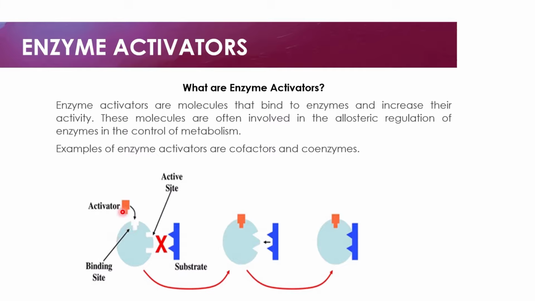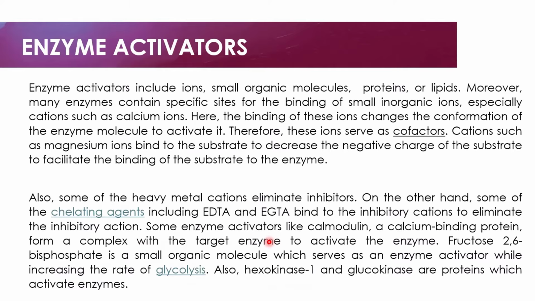So in summary, we can see that as the activator binds to the allosteric site of the enzyme here, it changes the shape of the active site from this to this. The new shape of the active site allows the substrate to bind to it more easily, and as a result increases the enzyme activity.